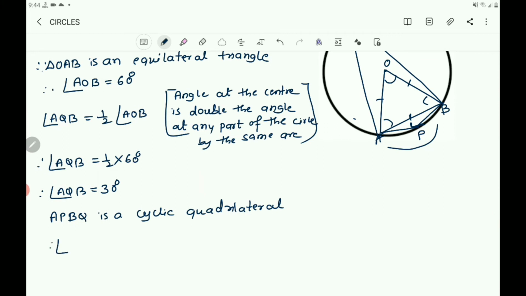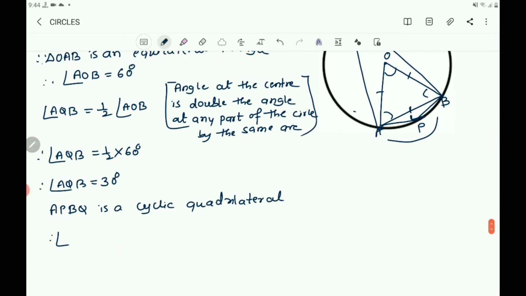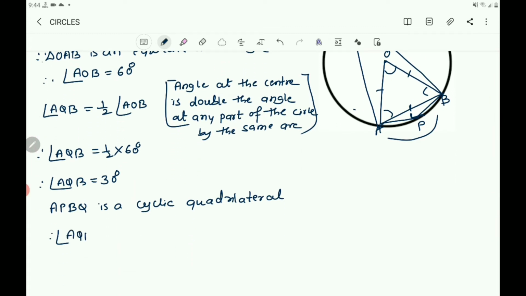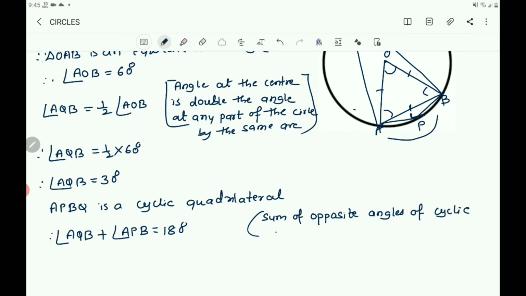Therefore, you take angle AQB plus angle APB must be equal to 180 degree, because opposite angles of a cyclic quadrilateral are supplementary, or you write sum of opposite angles of a cyclic quadrilateral is 180 degree.